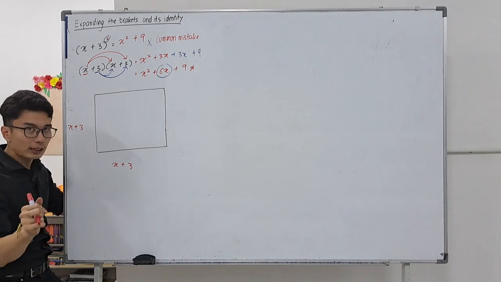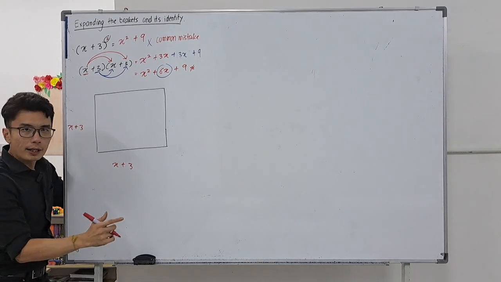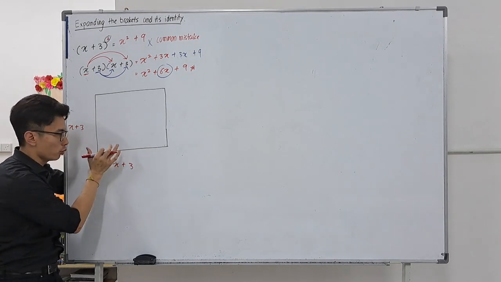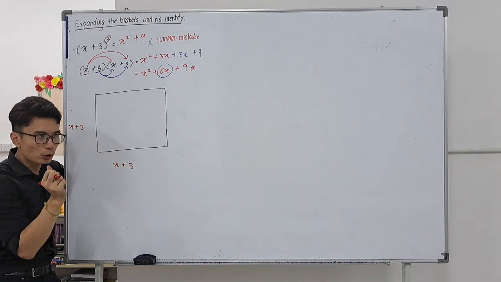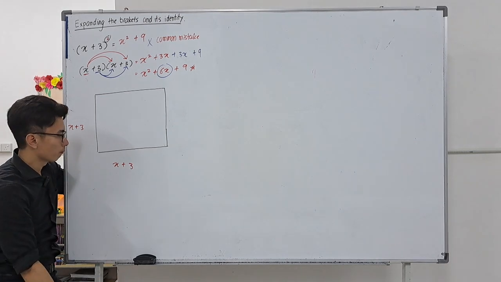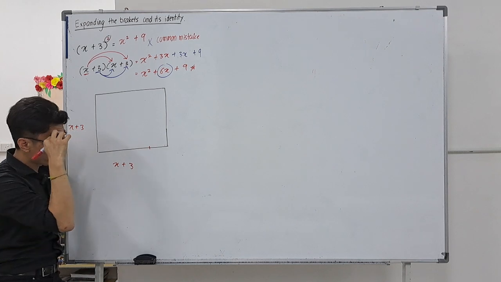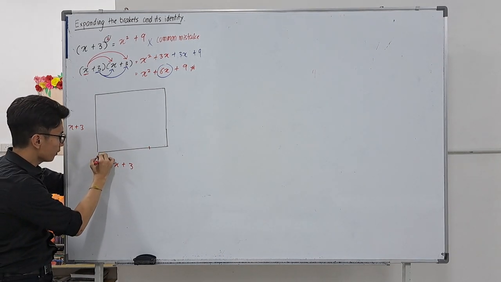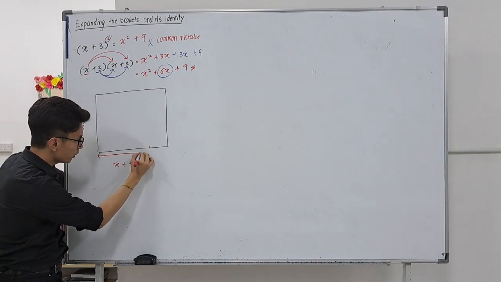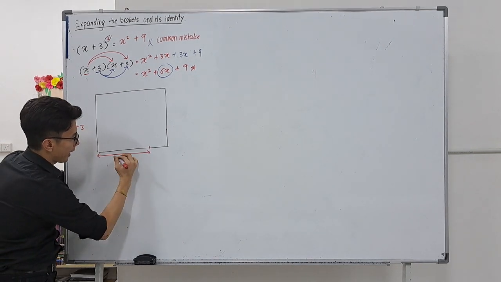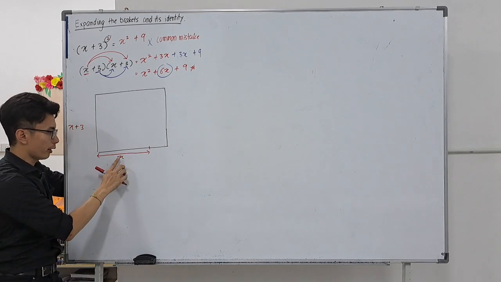But I'm going to split this x plus 3 into their respective lengths so you can see a bigger picture. Let's say I put a mark over here, and from here to here is the length of x.